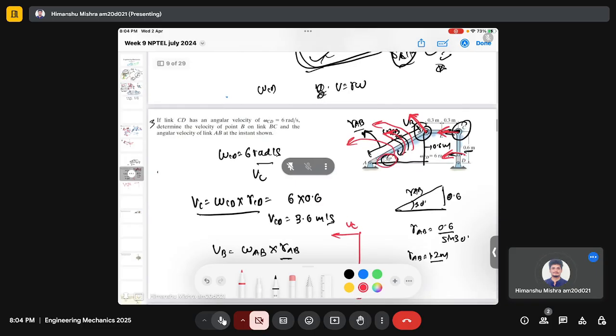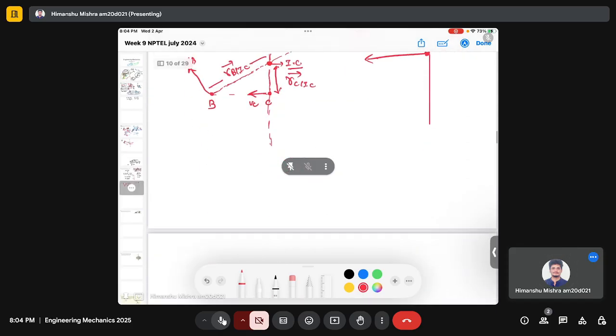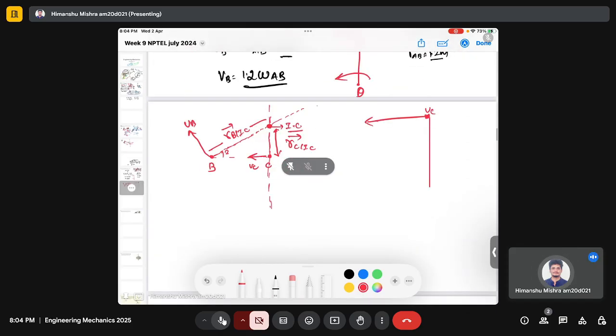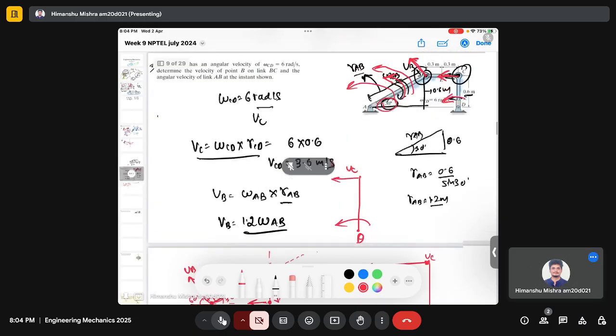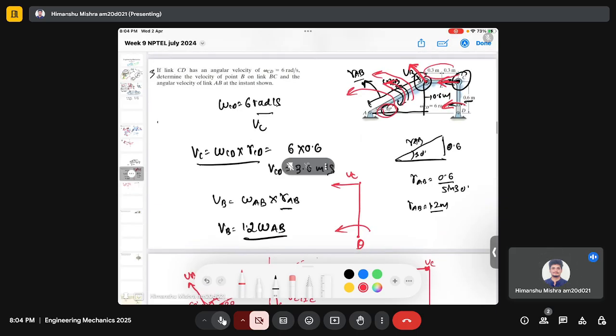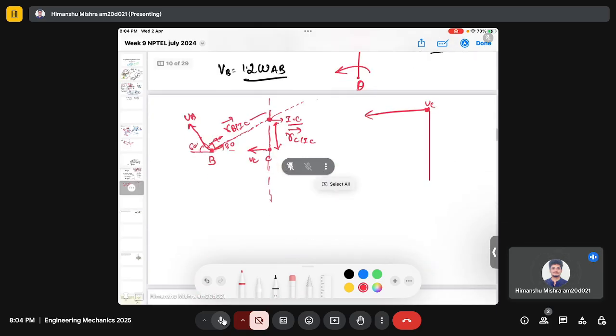And if this is 30, then this should be 30, this should be 90 because it's normal, and this should be 60. We know the distance between B and C is 0.3 plus 0.3, so the distance between B and C is 0.6 meter.